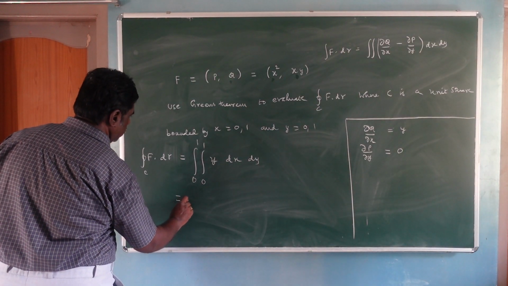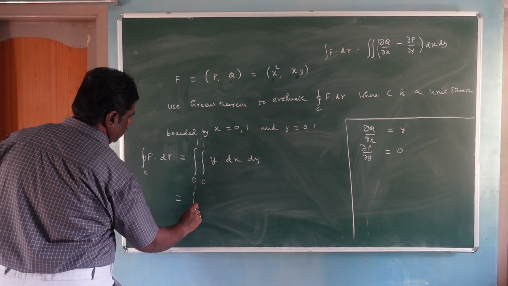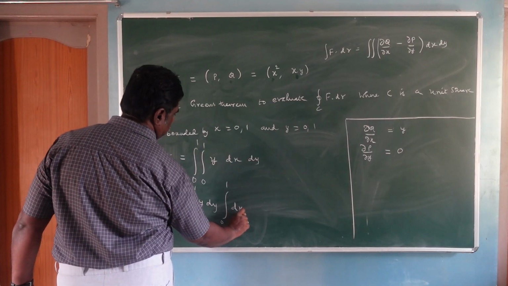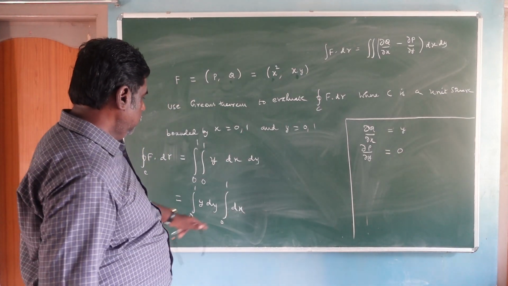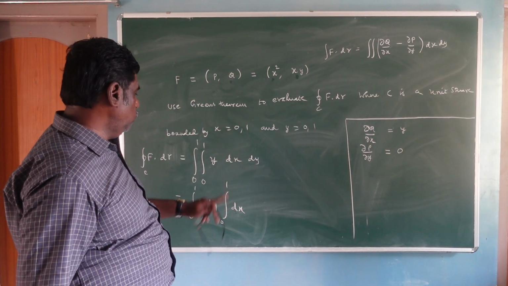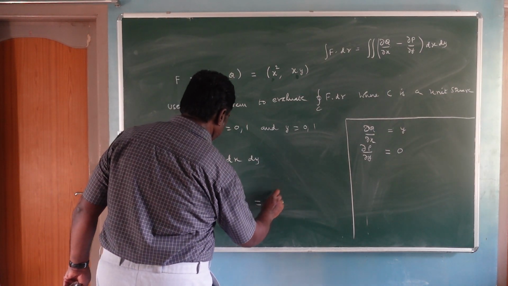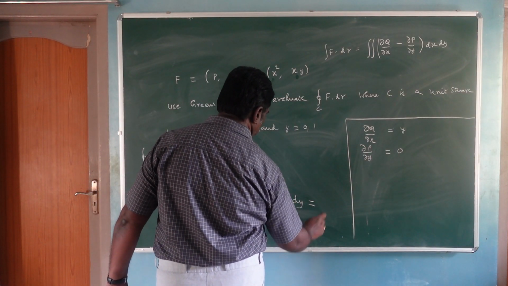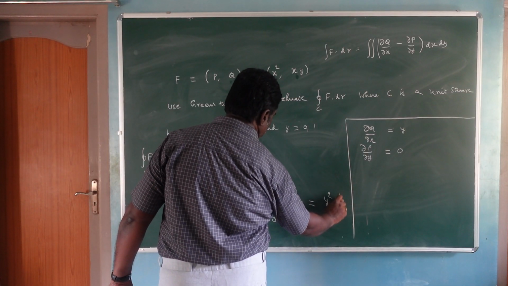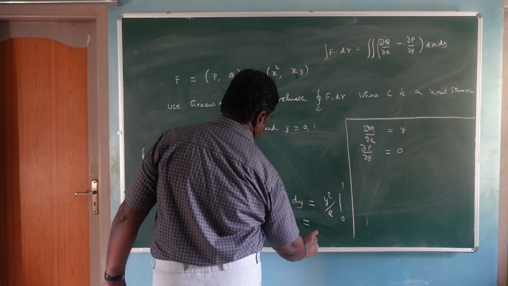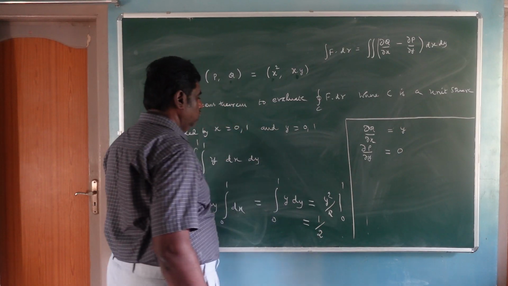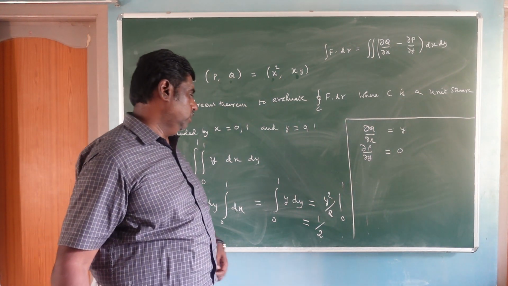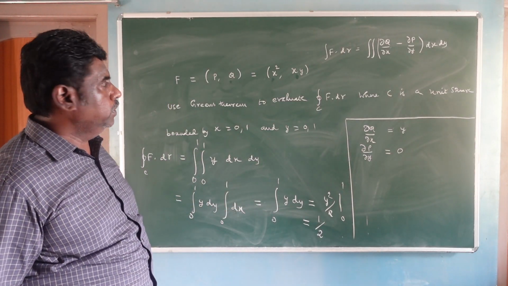Now this is integral 0 to 1 of y dy, integral 0 to 1 of dx. Integral of dx is x. If you apply the upper limit 1, this is equal to integral 0 to 1 of y dy, which is equal to y square by 2, limit varying 0 to 1, which is equal to 1 by 2. If you apply the upper limit, 1 square is 1 divided by 2. So 1 by 2 is the answer for this problem.